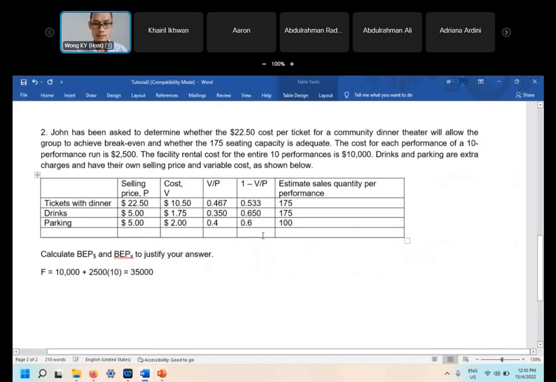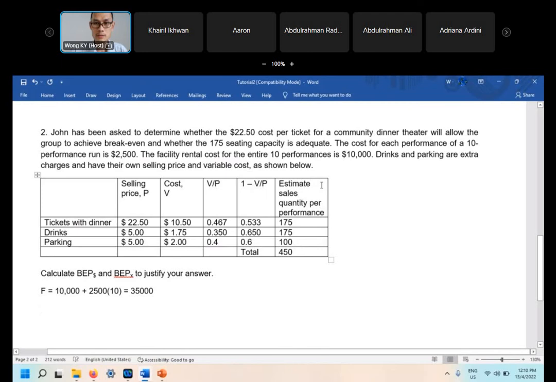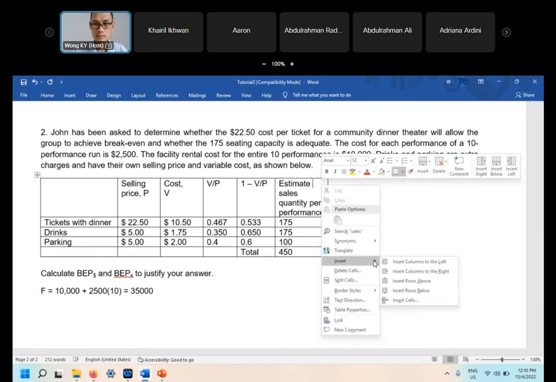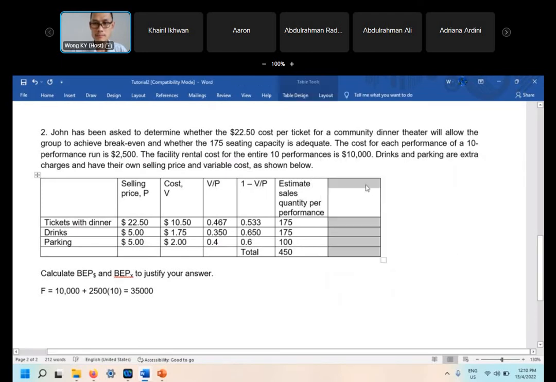And then next thing is get the total. So the total of this is 450. So this is the sales quantity. You have to calculate the sales dollars. So add another column, calculate the sales in dollars.